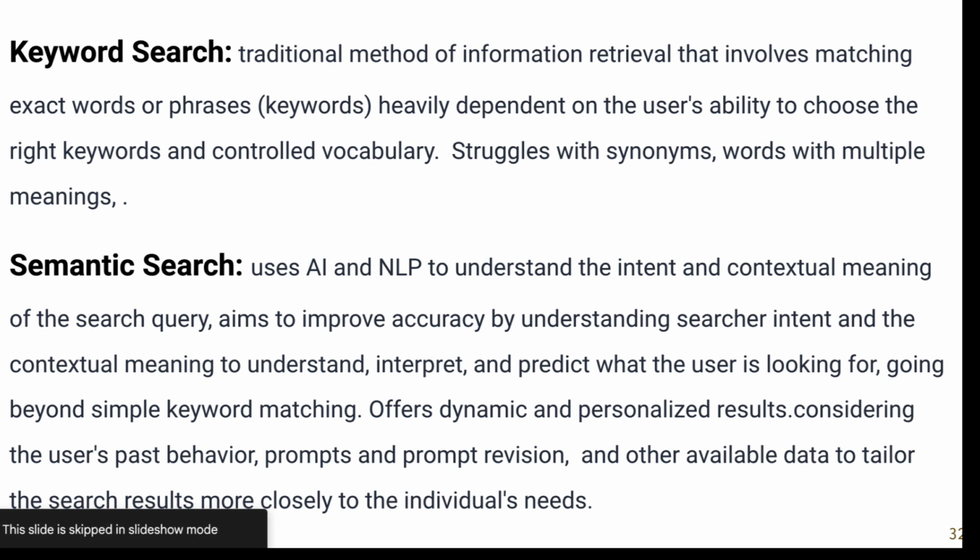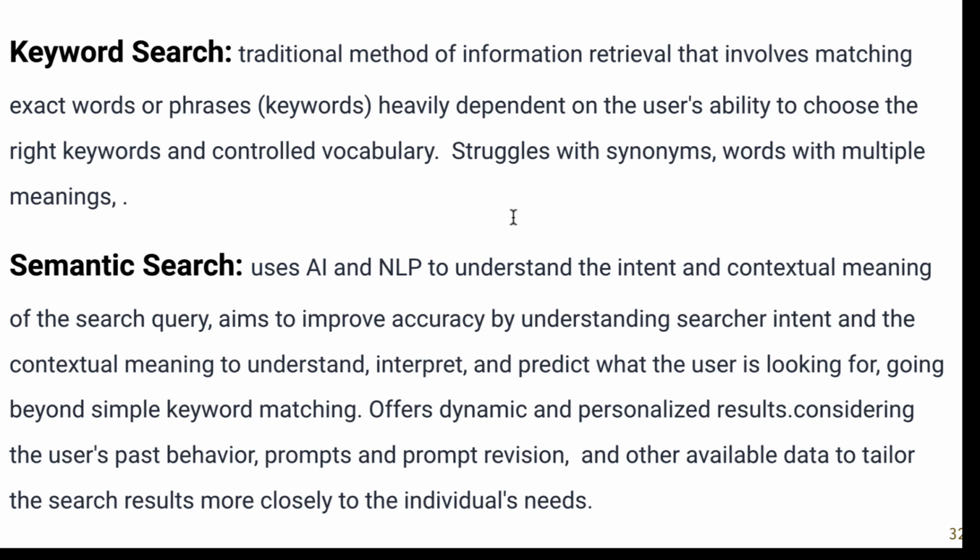So if you think about keyword search as that traditional method of information retrieval that involves matching exact words and phrases, this is heavily dependent on the user's ability to choose the right keywords and controlled vocabulary. So very often our users struggle with synonyms and multiple words with the same meanings. Now, semantic search uses AI and natural language processing to understand the intent and contextual meaning of a search query.